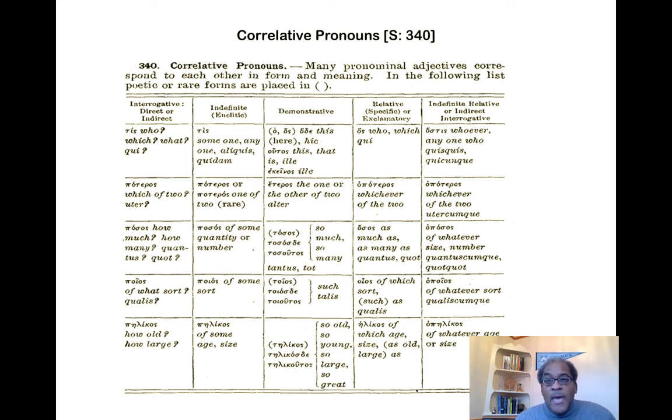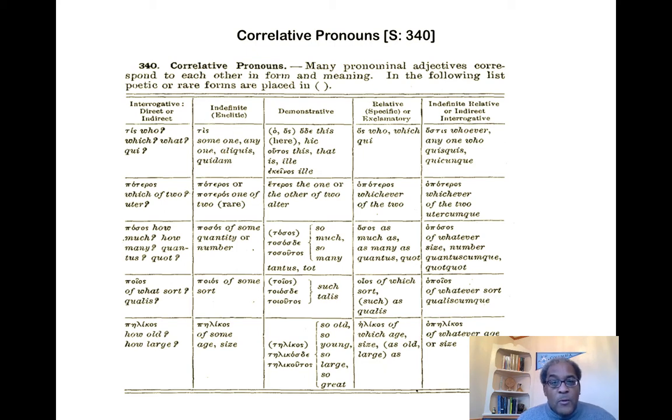Okay? And we'll see down the road the demonstrative, this, that, and the relative, who, which, and the indefinite relative, whoever. We'll encounter those in the course as we meet them. But what's important here is to realize that you have these identical forms except for the fact that the indefinite form will be enclitic.